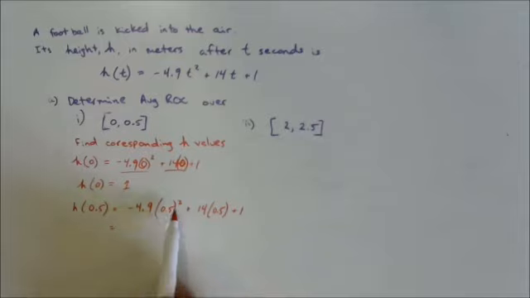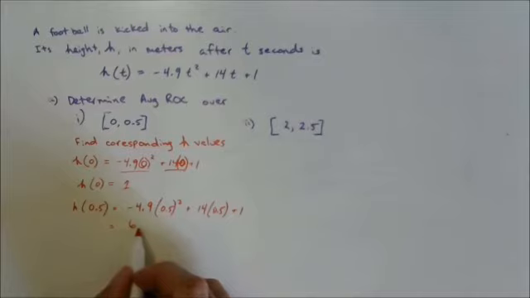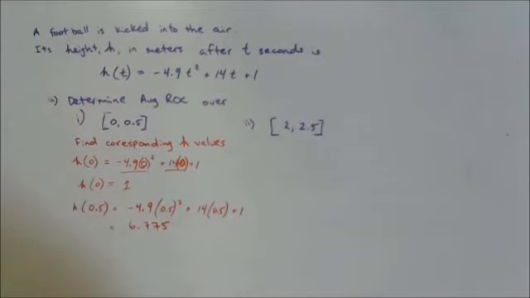Okay, 0.5 squared is 0.25. So we've got 6.775. So basically after half a second after the ball is kicked, it's already almost 7 meters in the air. Whereas it started at 1 meter, which means the kicker is kicking it out of his hand.